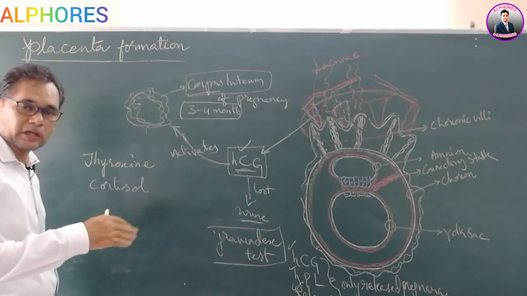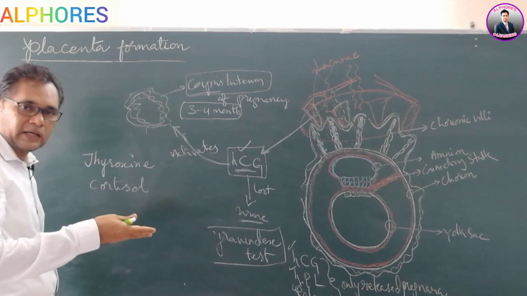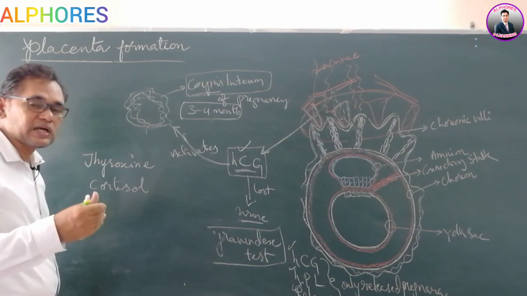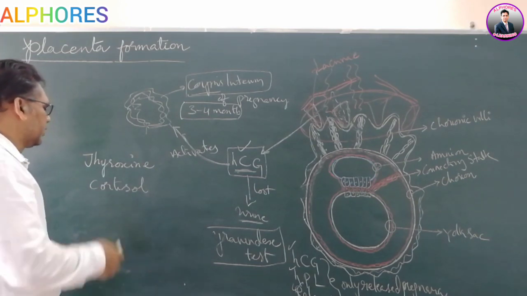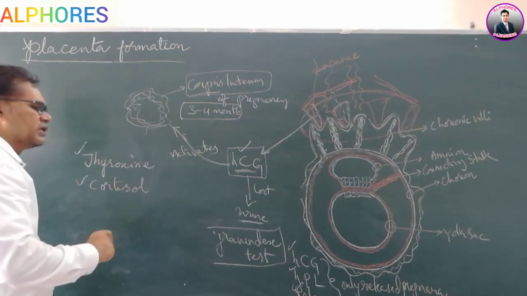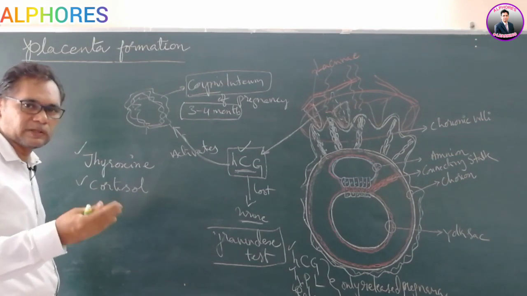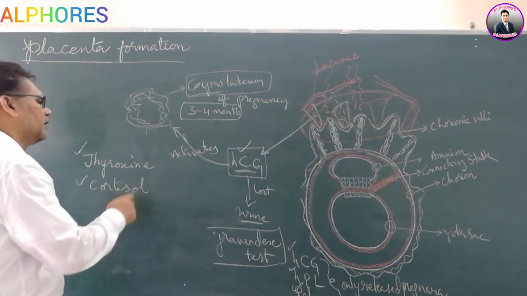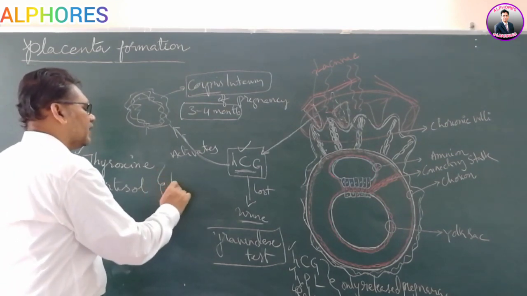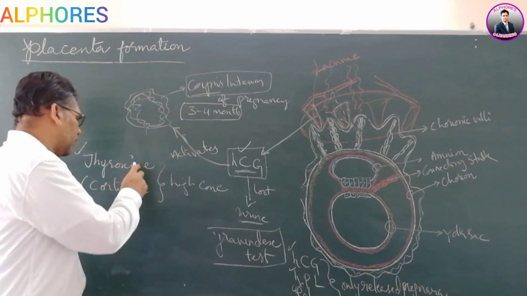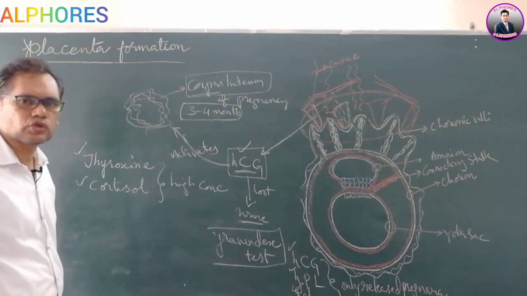Now they are released in the blood several folds, several times, multiple times. It means a high concentration, several-fold increase in thyroxine as well as cortisol.